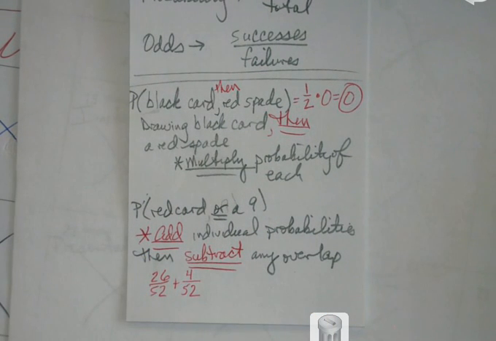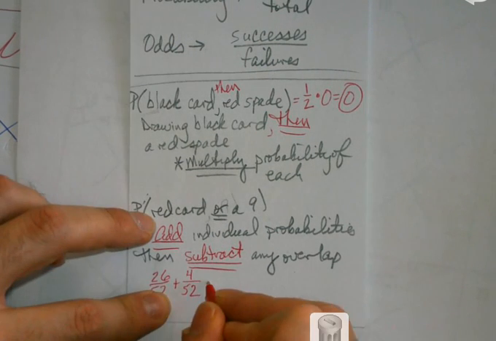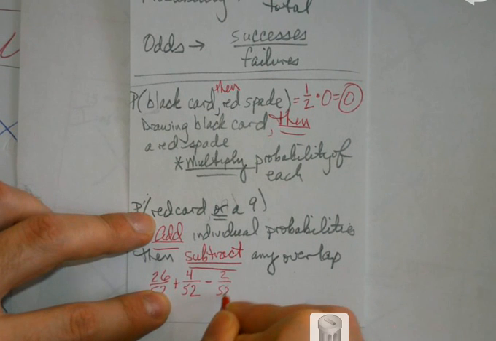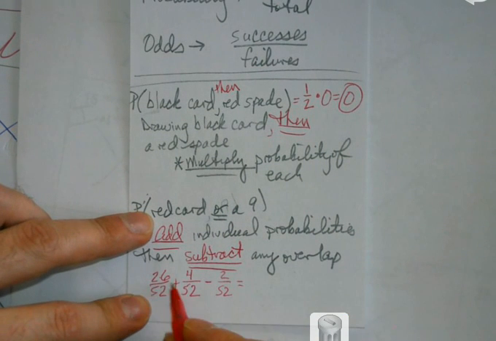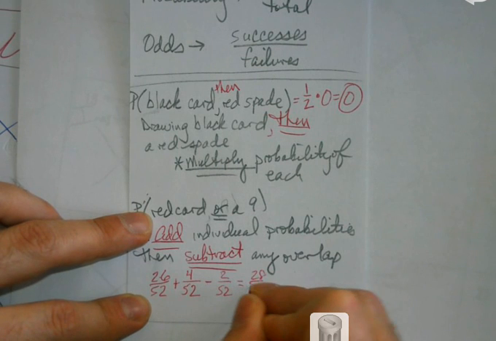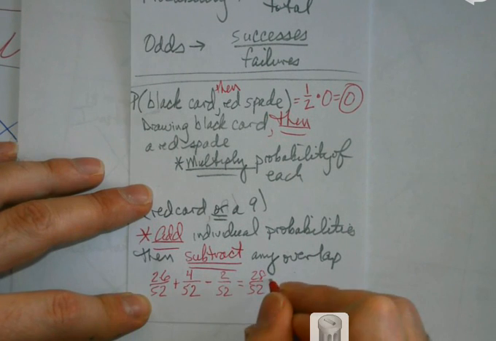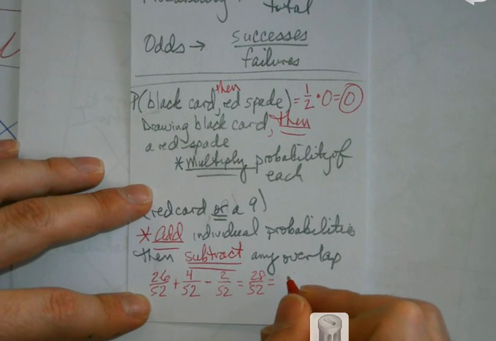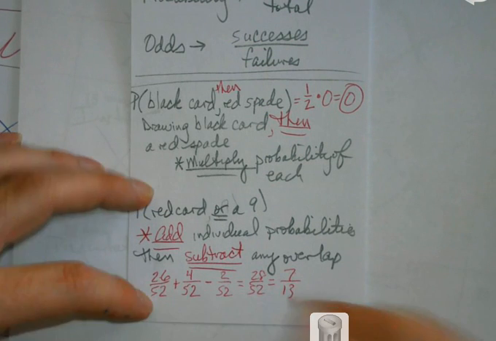But then any overlap. So are there any red 9s? 1, 2. So 26 plus 4 is 30. Minus 2 would be 28 over 52. And then again, you'd go and reduce that down to its simplest form.